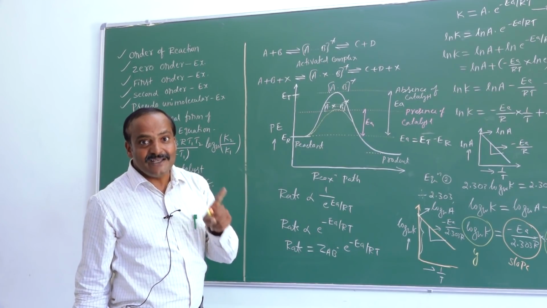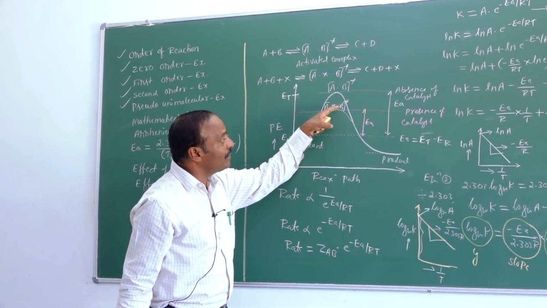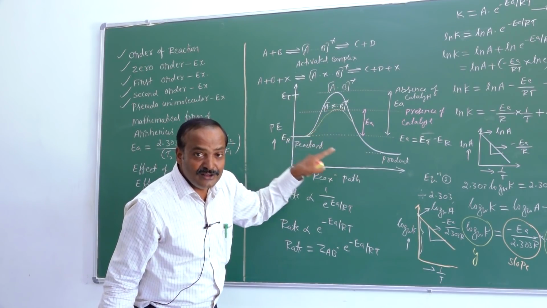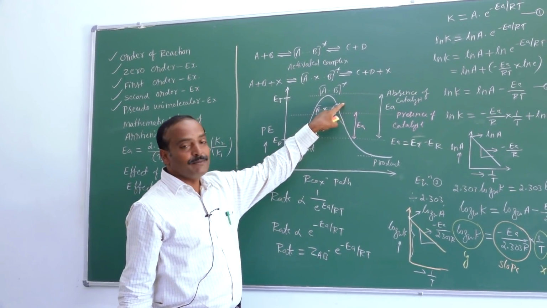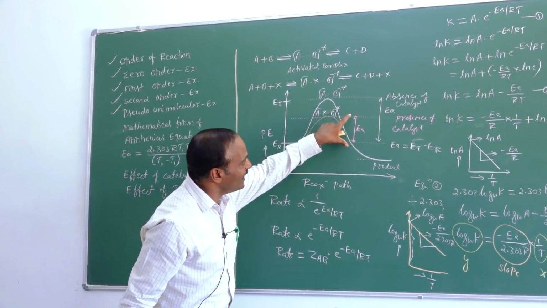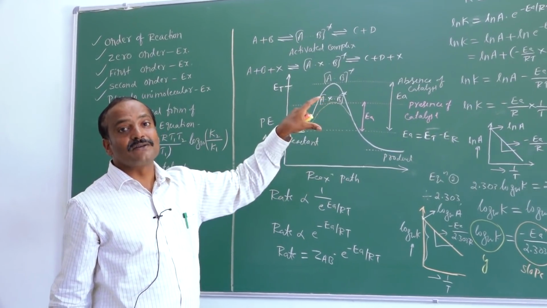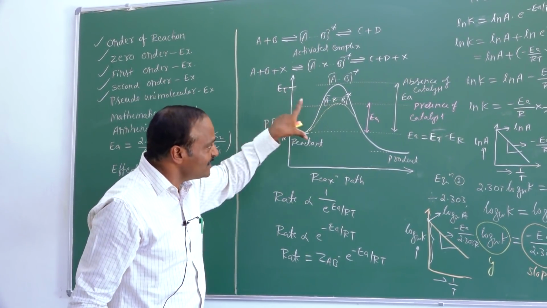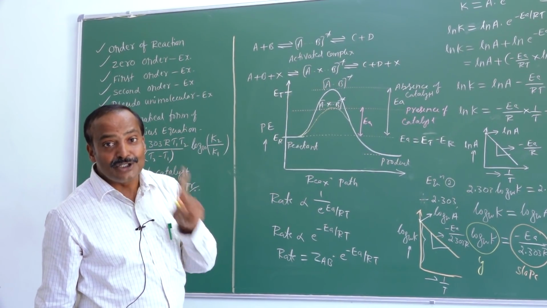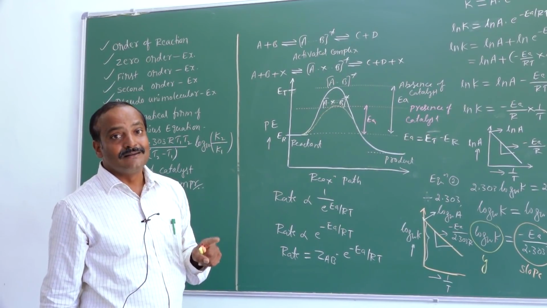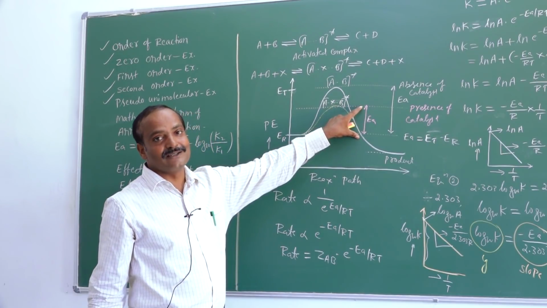When the same reaction is conducted in the presence of catalyst X, the reaction takes place by an alternate path and a new activated complex A dot dot X dot dot B is formed, which has a lower activation energy. This means the reaction occurs faster. From this diagram it can be concluded that in the presence of a positive catalyst, the rate of reaction increases but activation energy decreases.